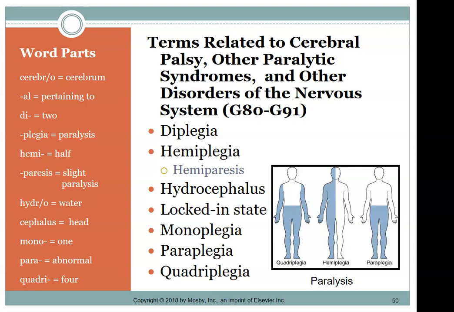Hydrocephalus is an abnormal accumulation of fluid in the ventricles of the brain. This is usually diagnosed in babies, but may also occur in adults as a result of a stroke, trauma, or infection. Locked-in state is damage to the upper brainstem that leaves the patient paralyzed and mute.